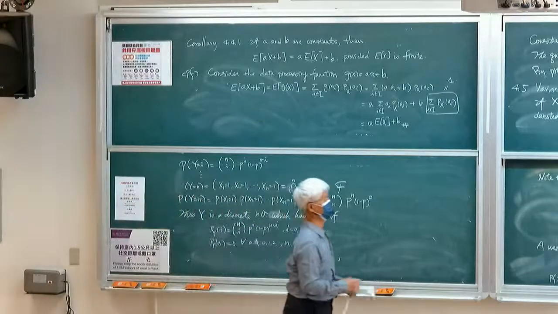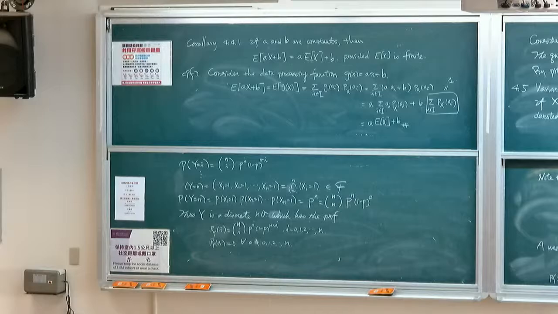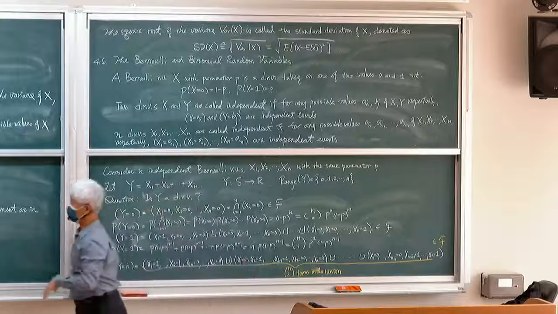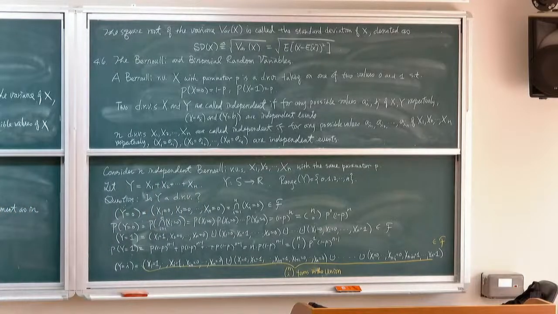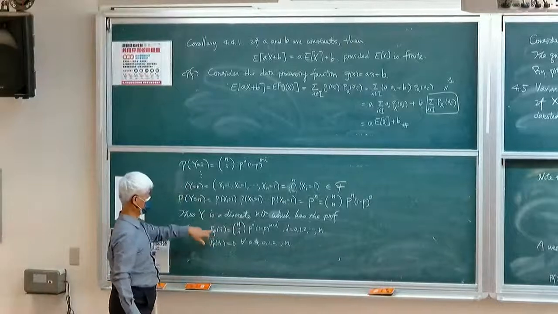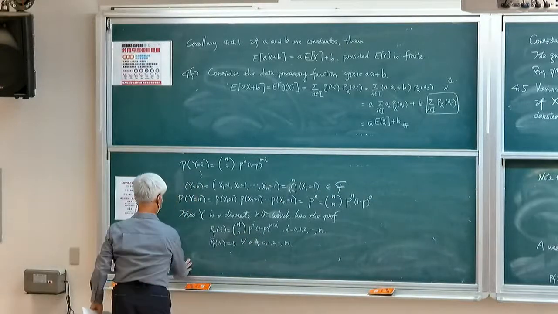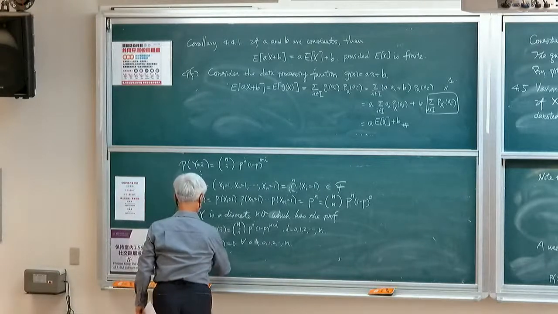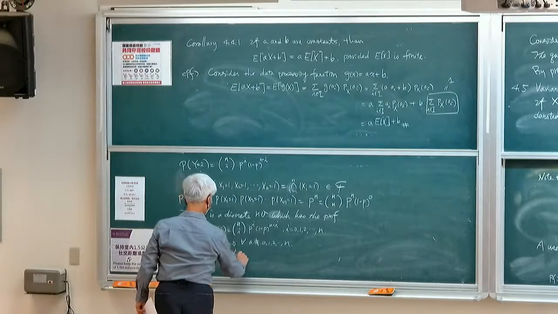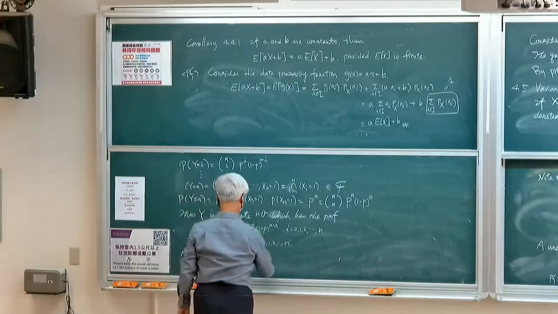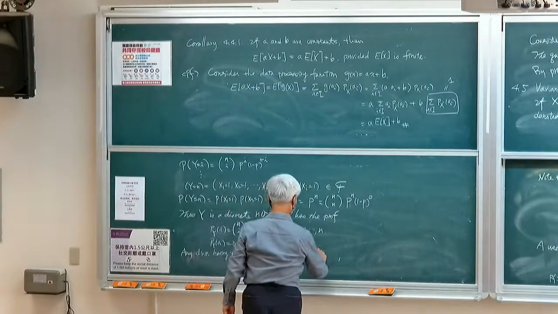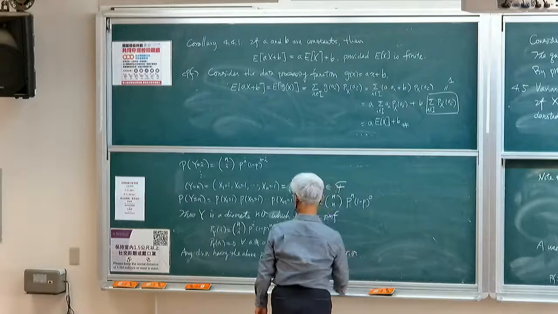So the sum of n independent Bernoulli random variables, Y, is again a discrete random variable with a very special type of PMF. Any discrete random variable having the above PMF is called a binomial random variable.